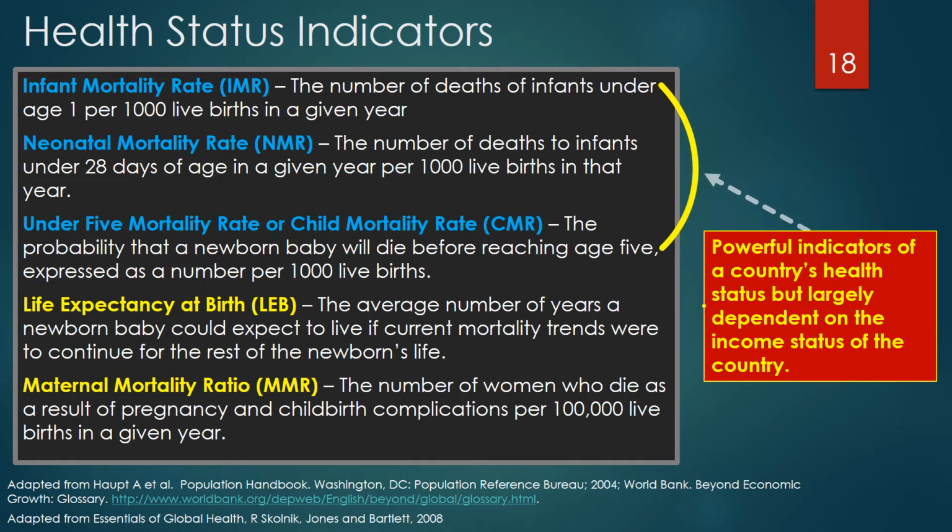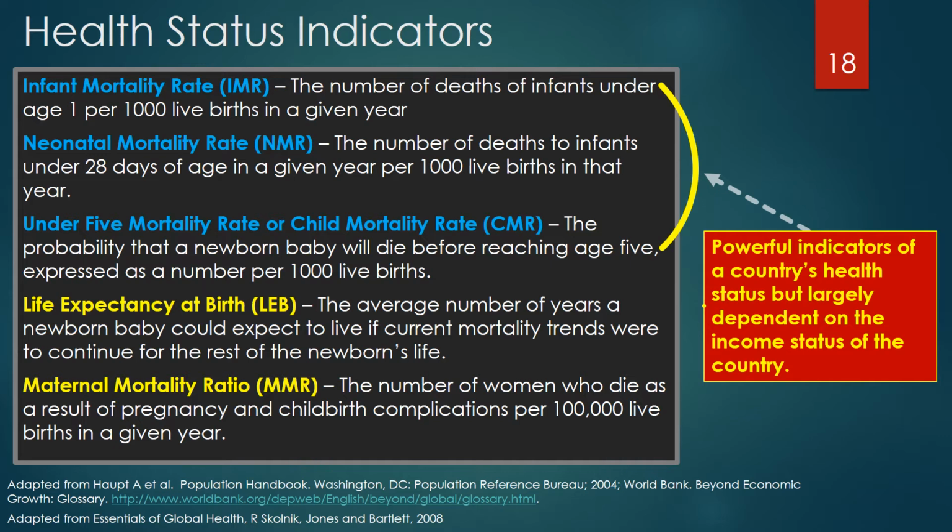The infant mortality rate, neonatal mortality rate, and under 5 mortality rate or child mortality rate are all powerful indicators of a country's health, but largely dependent on the income status of the country.